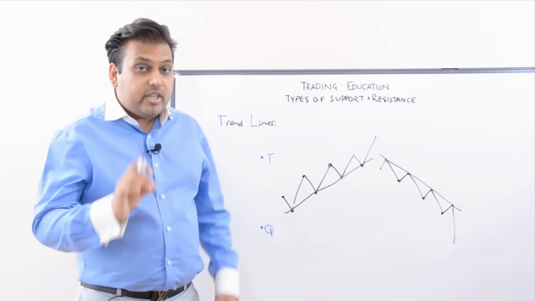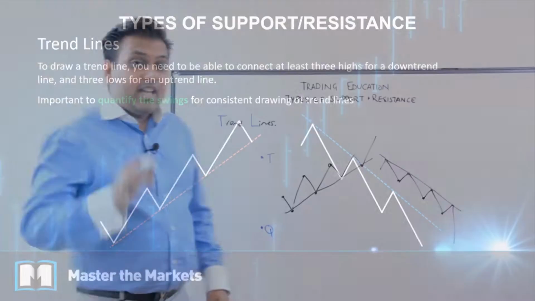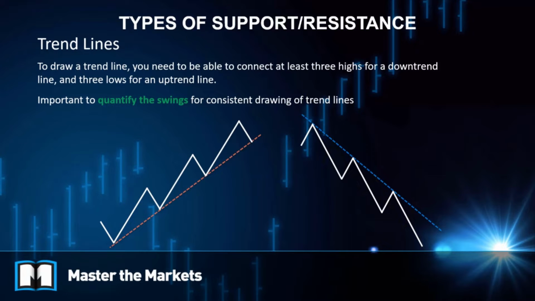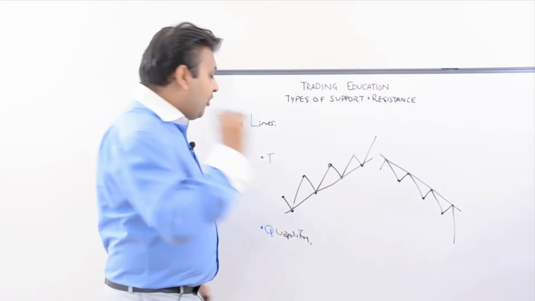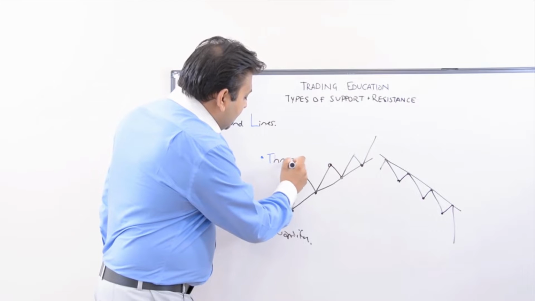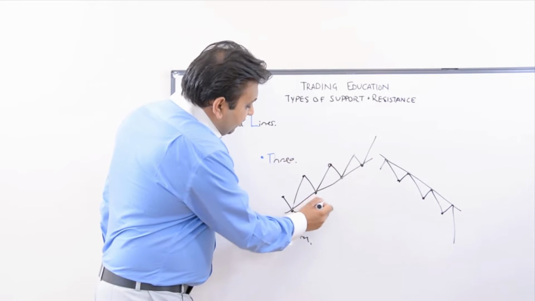Now, it is very, very important that you quantify all of your swings, okay? And once you've quantified your swings, you absolutely must have at least 3 touch points for each trend line.